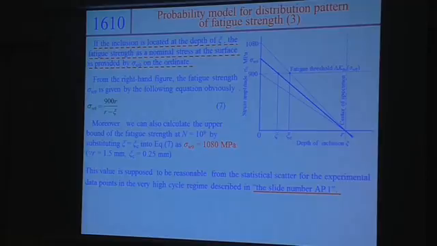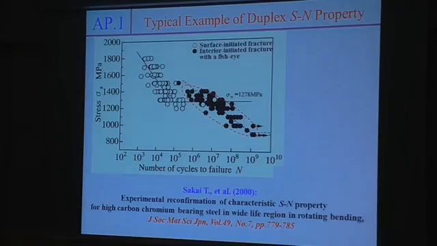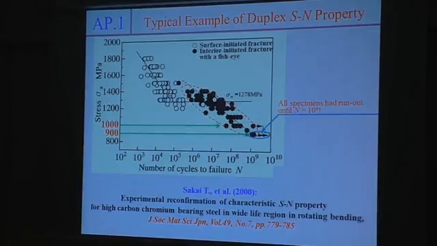This value is supposed to be reasonable from the statistical scatter of the experimental data points in the very high cycle regime described in slide number appendix 1. That is, at 900 megapascal, all specimens have run out until N equals 10 to the 9th cycle. At 1000 megapascal, some specimens have run out until N equals 10 to the 9th cycle.